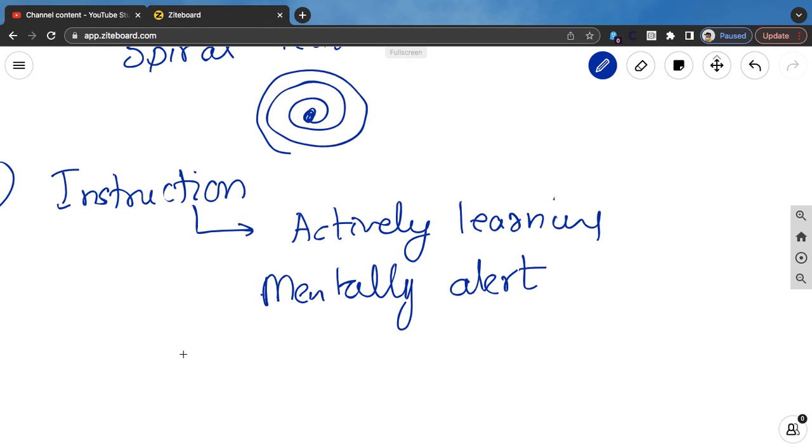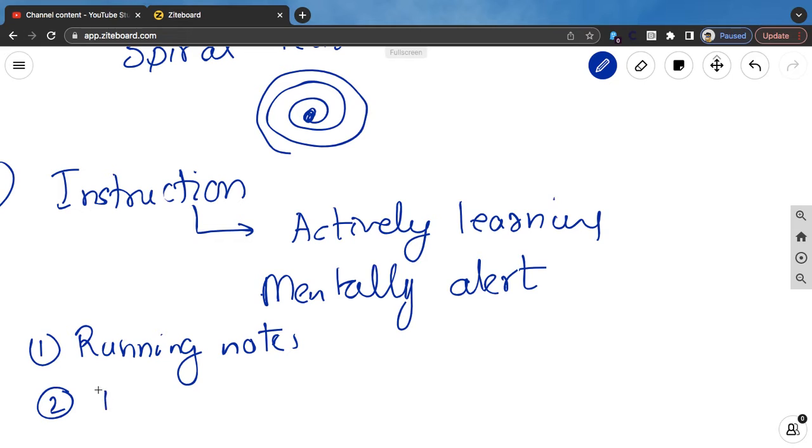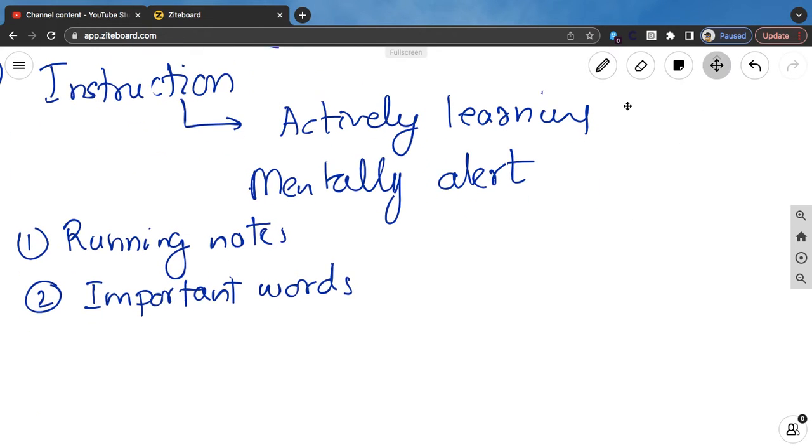Say, for example, you're teaching a topic where you are explaining more. It's a new topic and you need to explain. First thing is, ask them to take running notes if they are older students. If they are younger students, keep writing important words on the board when you are explaining, and after every 5 minutes or 10 minutes, give them some time to make a note of what you are writing.